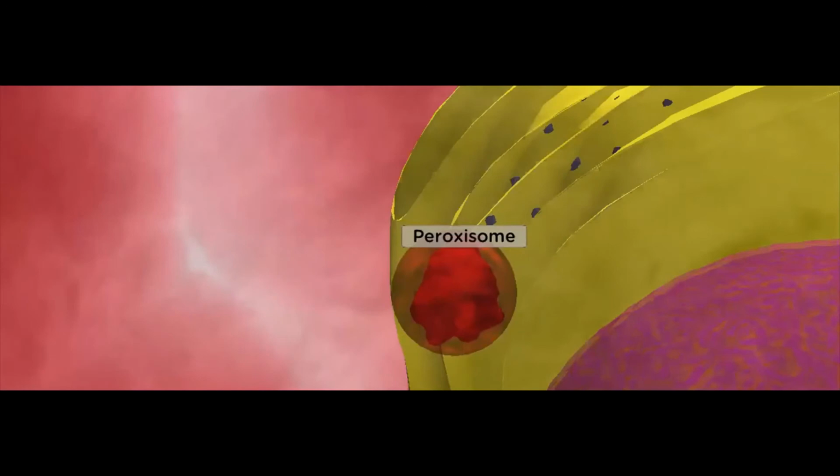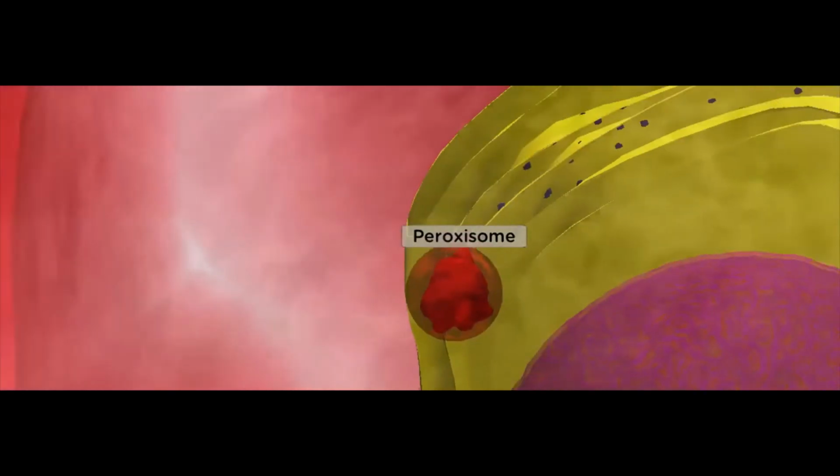And also, peroxisomes work with mitochondria to produce energy. These peroxisomes are also available in plant cells. Plant cells also have these organelles that help them to germinate a new seed.